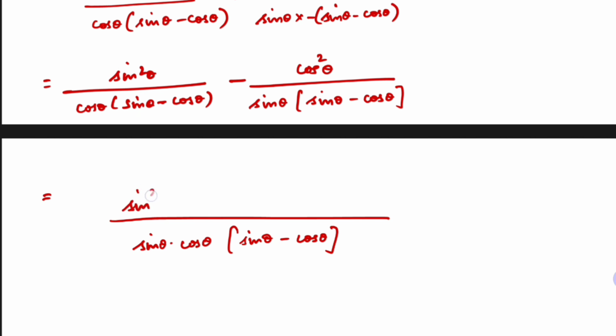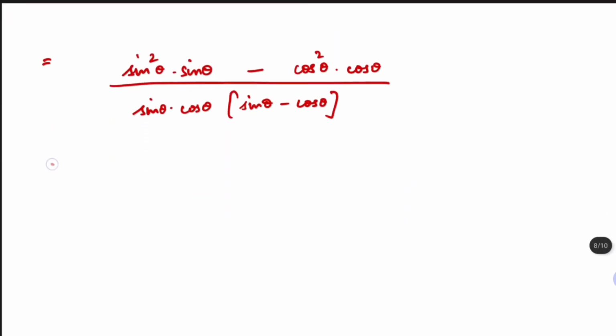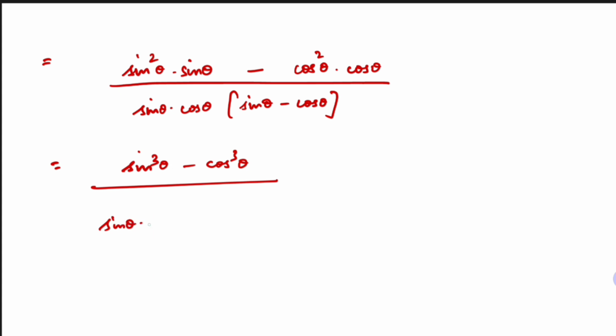So sin square theta into sin theta minus, in the second term we have to multiply cos theta, cos square theta into cos theta. That is equal to sin cube theta minus cos cube theta divided by sin theta cos theta into sin theta minus cos theta.